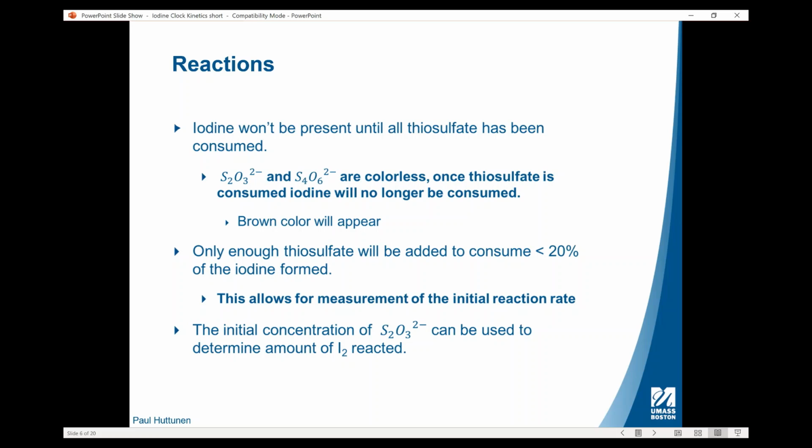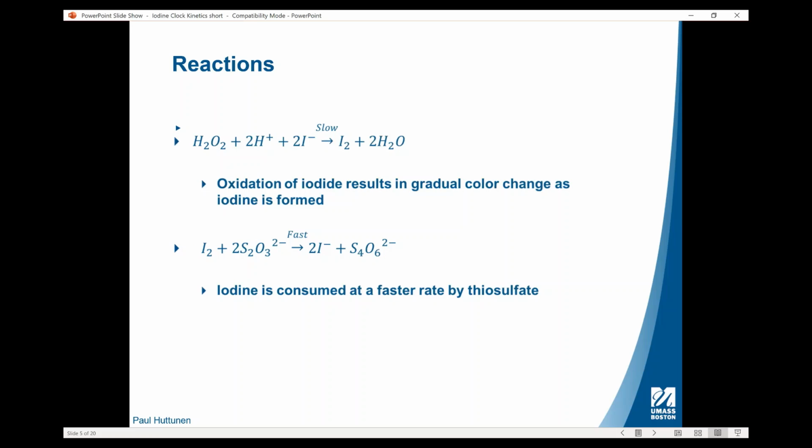The hydrogen peroxide reacting with the iodide is slow, whereas the thiosulfate reaction with iodine is very fast. So as soon as iodine is produced by the first reaction, the thiosulfate will be used up.